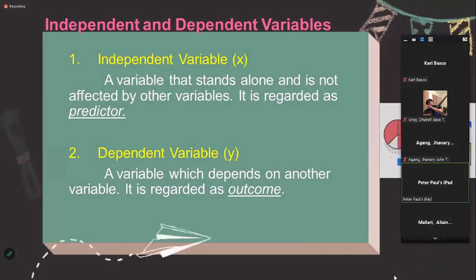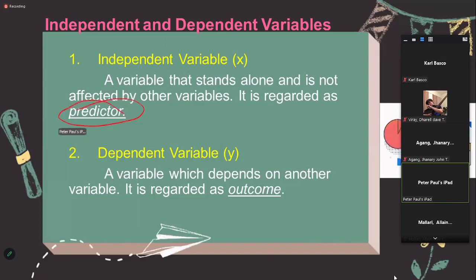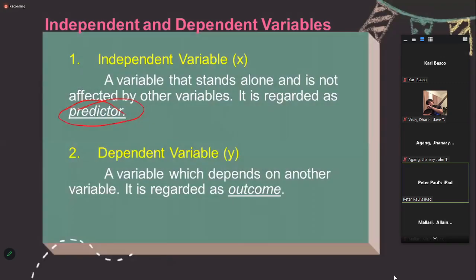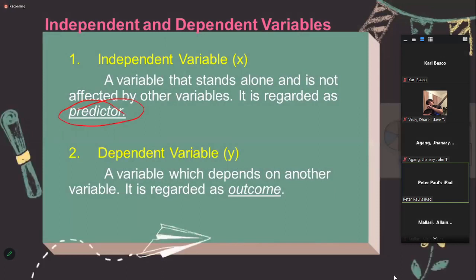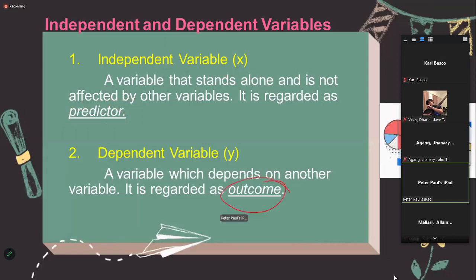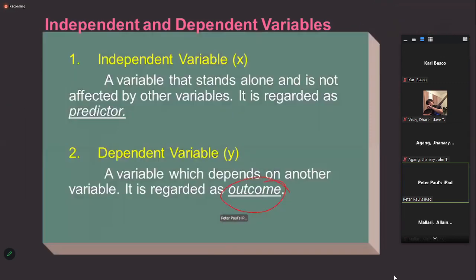So let's differentiate first what is an independent and dependent variable. So pag sinabi nating independent, ito yung ating predictor variable. It is the variable that can stand alone. Siya yung x value natin. Ibig sabihin, siya yung nagdi-dictate, siya yung nagpi-predict nung result. At yung magiging result mo, tinatawag natin siyang dependent variable na y.